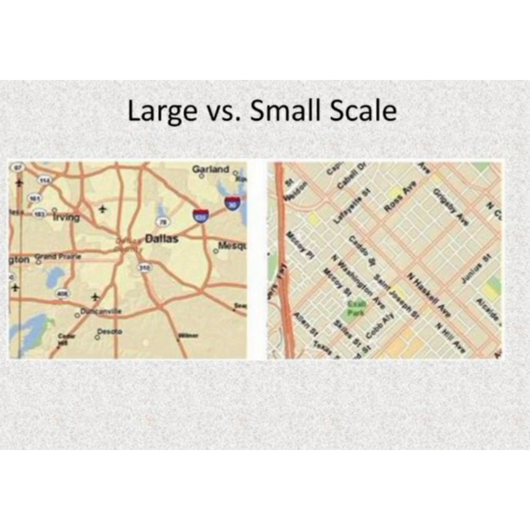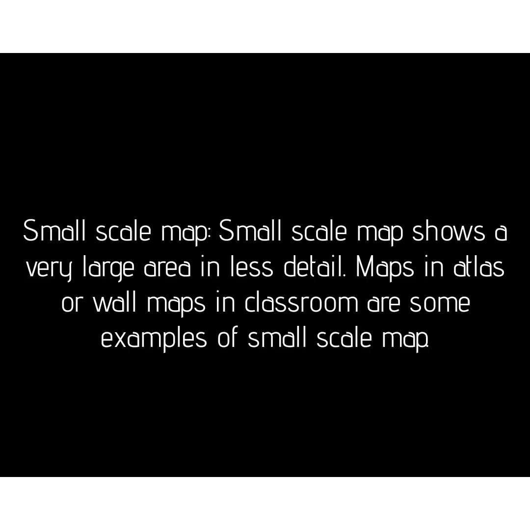Now we will see that there are two types of such scale. One is the small scale map, and the other one is the large scale map. So what is a small scale map? When large areas like continents or countries are shown on a paper, then we use a small scale.